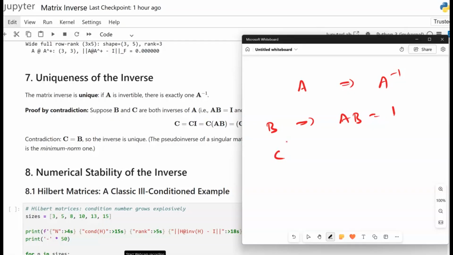Similarly, for C, we have AC equals I. Now assume B and C are not equal. We will see if this assumption is actually possible.